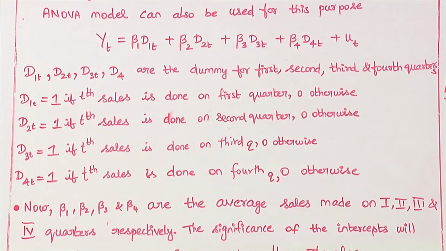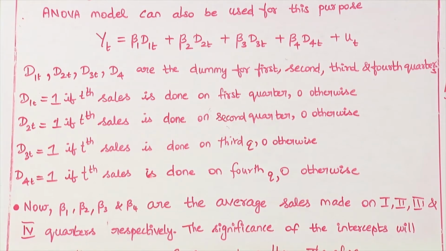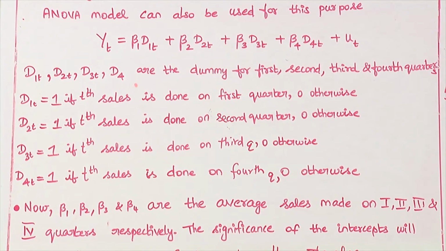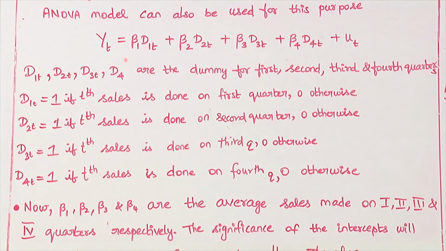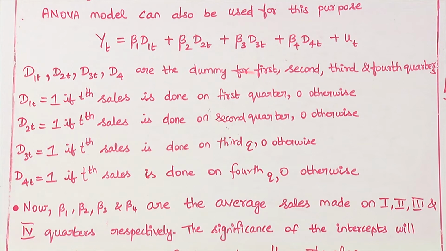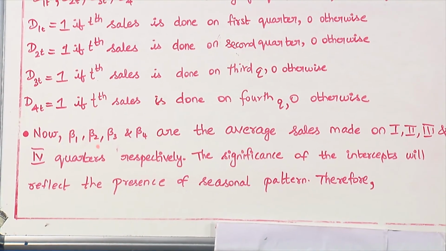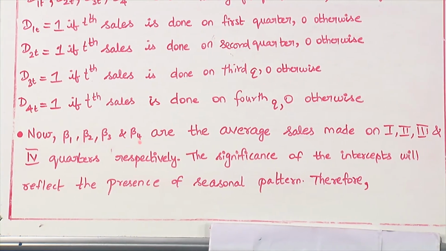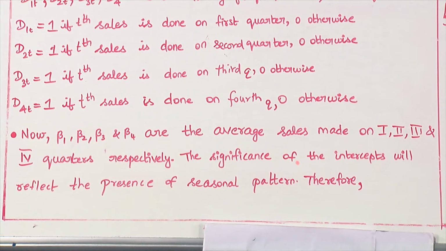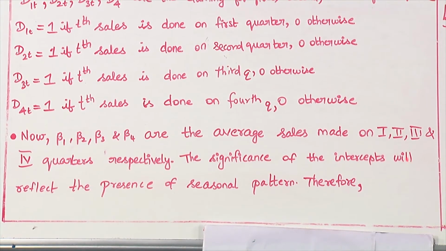As discussed earlier, in the ANOVA model without intercept, the slope coefficients measure the average of the respective dummy category. Here, beta 1, beta 2, beta 3 and beta 4 are the average sales made in the first, second, third and fourth quarters respectively.